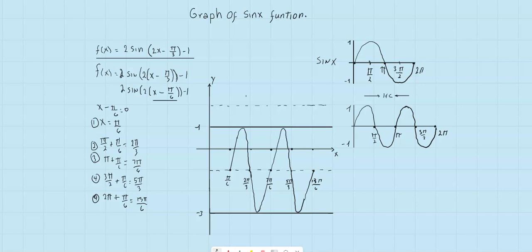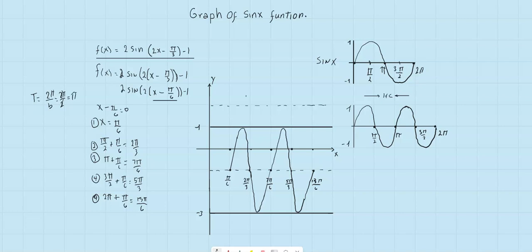I found my zeros and went ahead and prepared my graph, knowing that this right here is my standard 2 pi sine of x. And then I found that my period is equal to 2 pi over b, and b is 2, so my period is just pi.